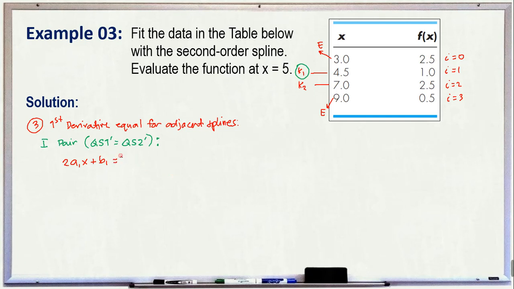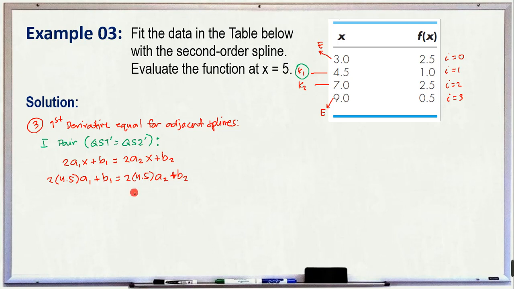It must equal the derivative of quadratic spline number 2, which is 2 a sub 2 x plus b sub 2. Now let us evaluate at x equals 4.5. So we have 2 times 4.5 a sub 1 plus b sub 1 equals 2 times 4.5 a sub 2 plus b sub 2.